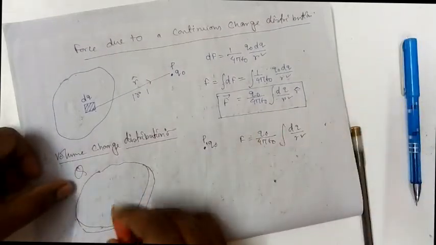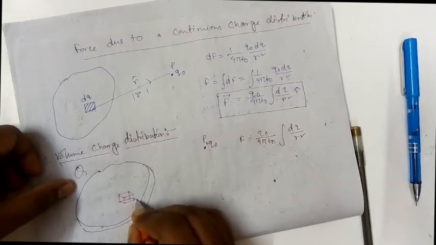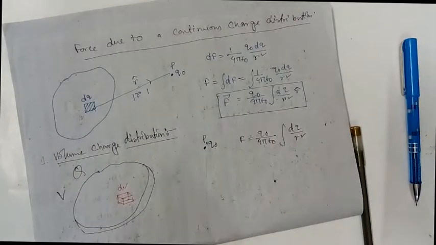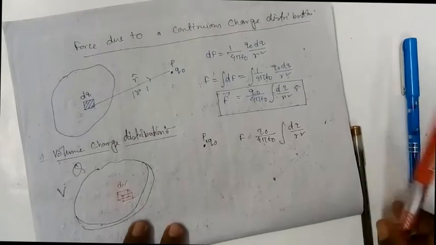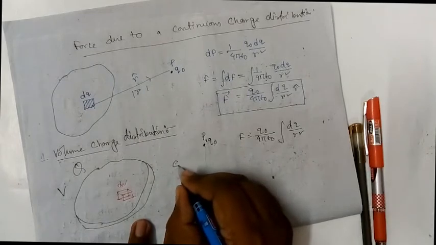Let us assume a smaller volume here. As we are talking about a volume, we assume a smaller volume dV. In the smaller volume dV, there should be a smaller charge dq. How can we find it? To find it, we have to write down the charge per unit volume.